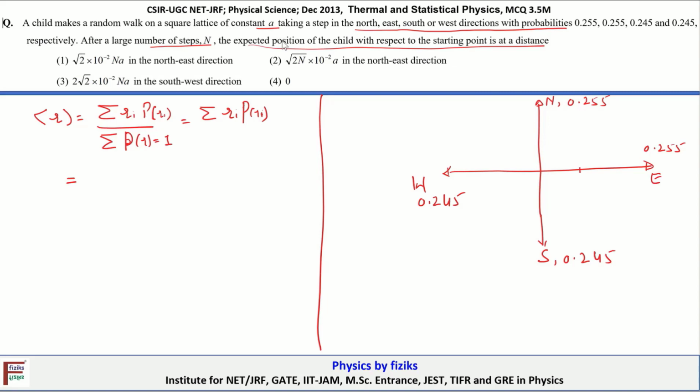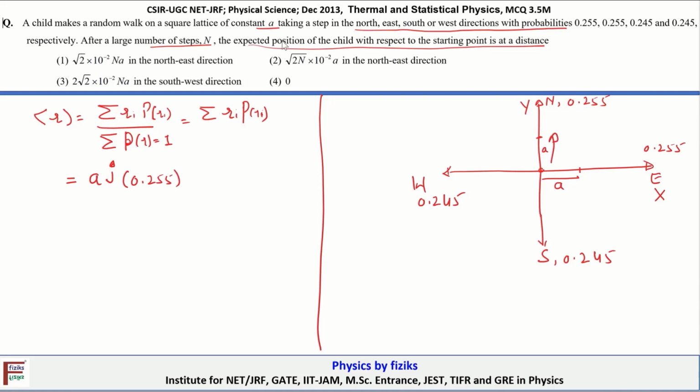If the child is moving along the east direction, the step length is a, or if he is moving along the vertical direction, it is again a. Let's call this the positive x direction and this the positive y direction, and the opposite directions are negative. Along the vertical y direction, the contribution is a multiplied by the corresponding probability, 0.255.